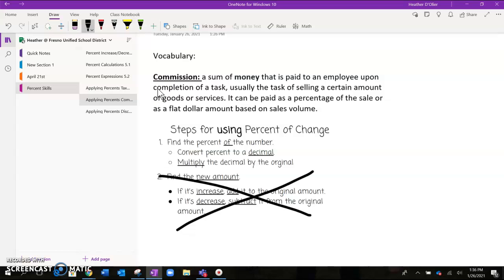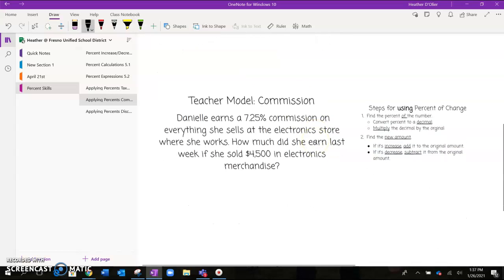When someone gets commission and it's based off of a percent, they only get a percent of their sales in this case, not just a price, okay? So the only things we need to do in order to find the commission here is convert the percent to a decimal and multiply the decimal by the original. All right, let's get to it.